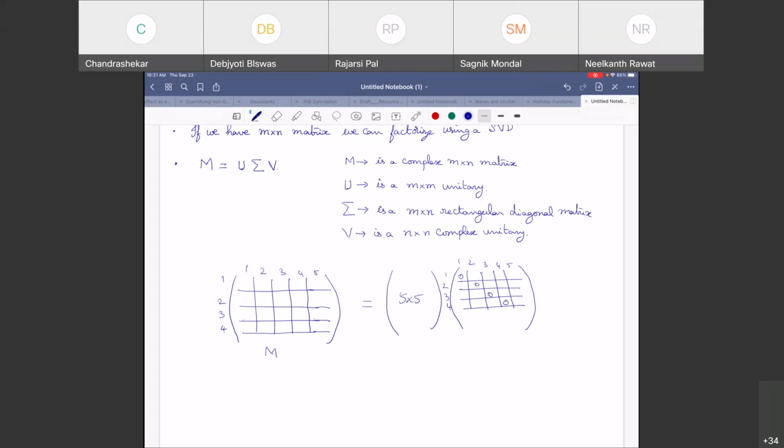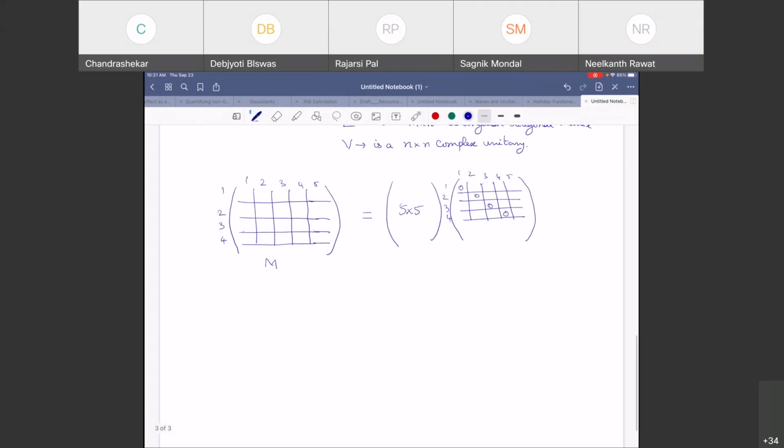The diagonal entries of the sigma matrix, let's say sigma is this, then the diagonal entries are the sigma ii.